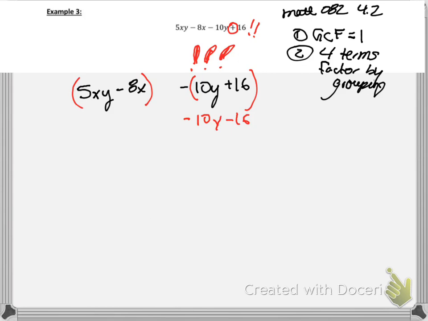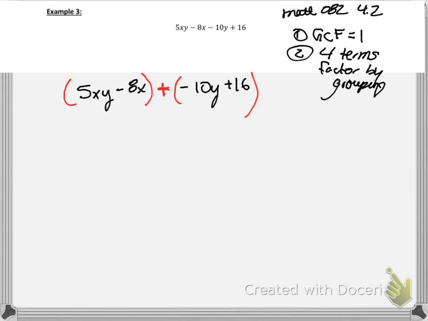So this time I have to be very careful when I do this, and I have to place my parentheses in a slightly different location. The easiest way to do it, if you're writing the problem down anyways, is to artificially insert a plus sign between these two sets of parentheses.